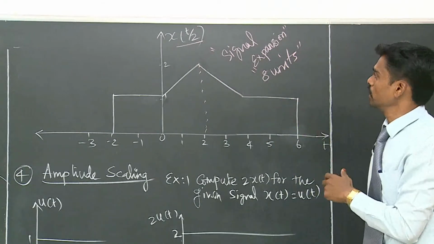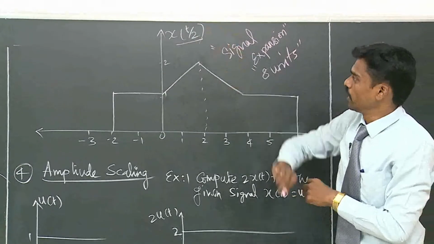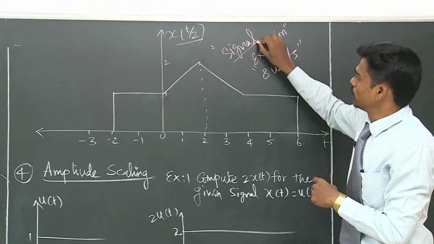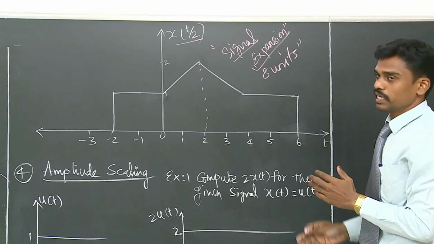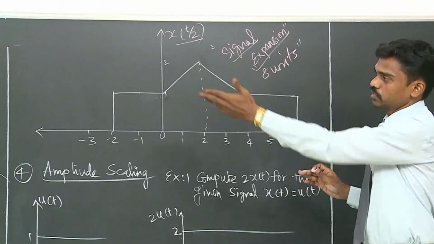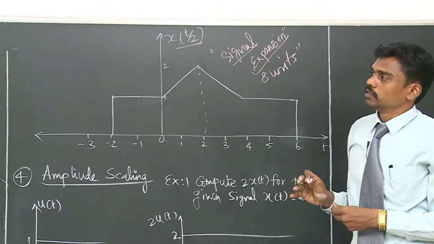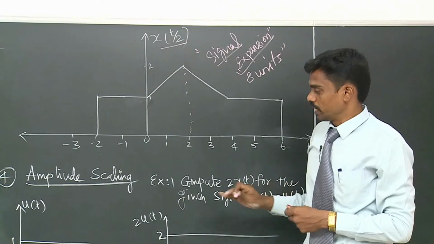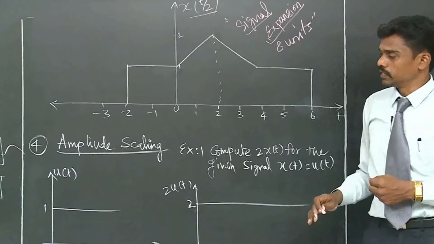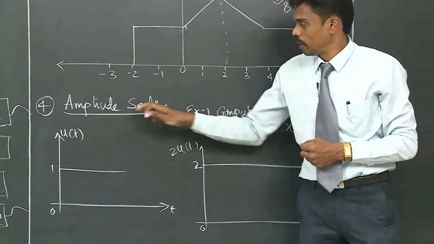If you divide by the factor, you will get the expanded version, which is the expanded version of the original signal x of t. So this is all about time scaling. The next operation I have listed is amplitude scaling.